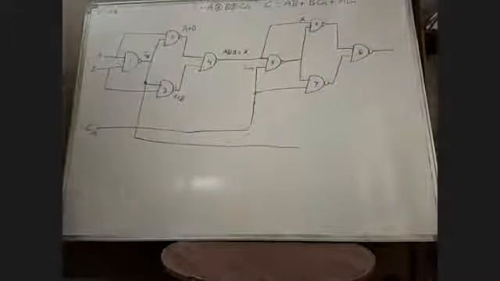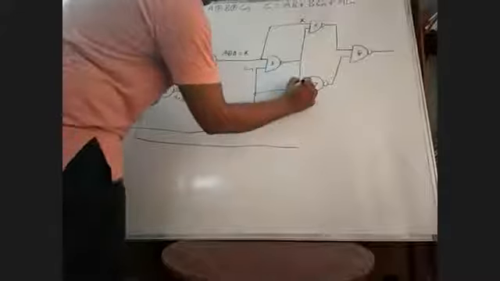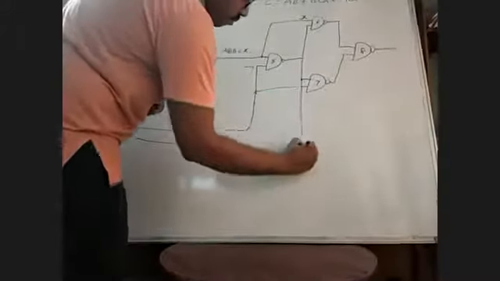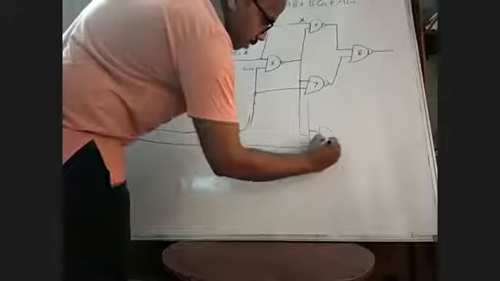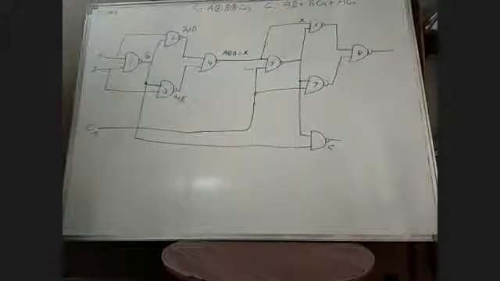Similarly, from this point also I am taking one more combination to generate one more NAND gate to generate the carry. We'll check them, the sum and carry match. Check this one.